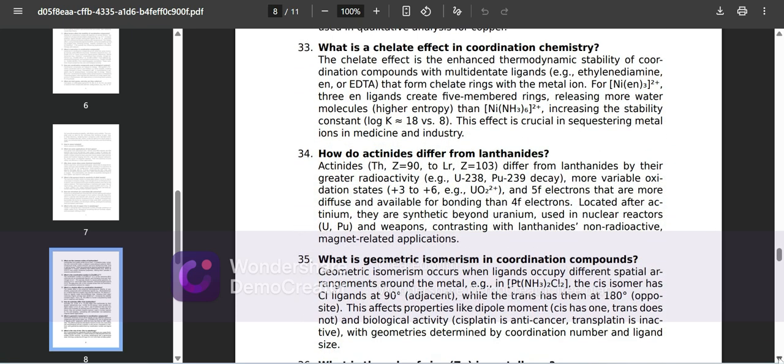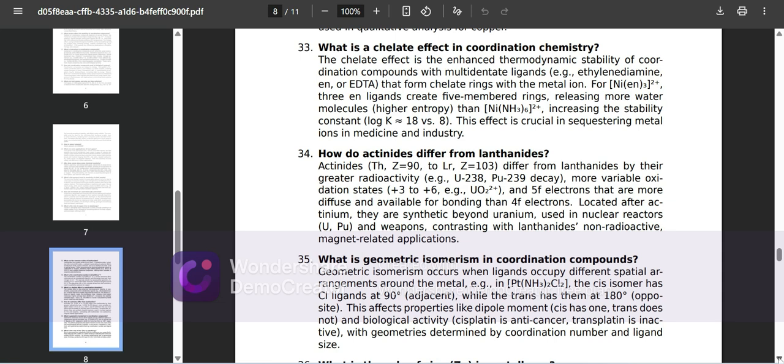What is the chelate effect in coordination chemistry? The chelate effect is the enhanced thermodynamic stability of coordination compounds with multidentate ligands. Example: ethylenediamine en or EDTA form chelate rings with the metal ion.